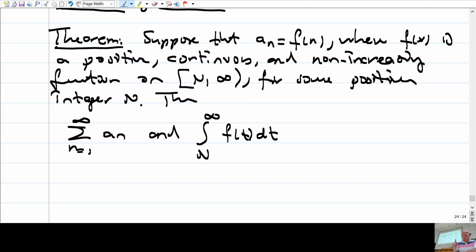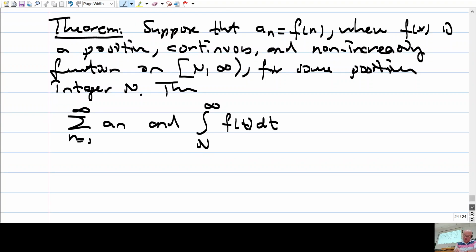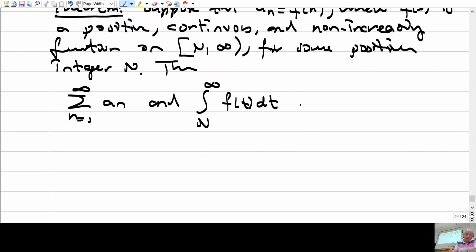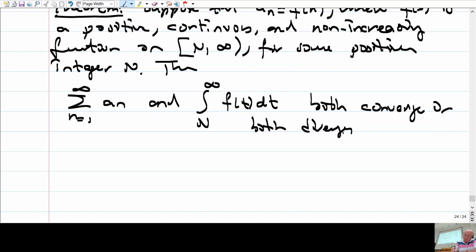If one of them is divergent, the other one is divergent. Both converge or both diverge to infinity.